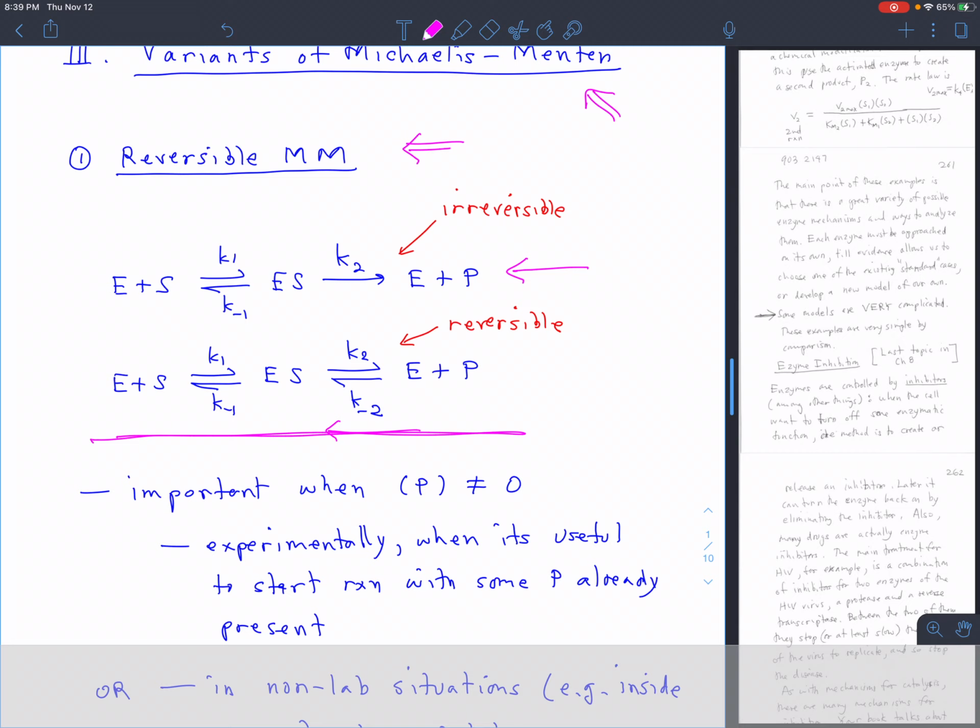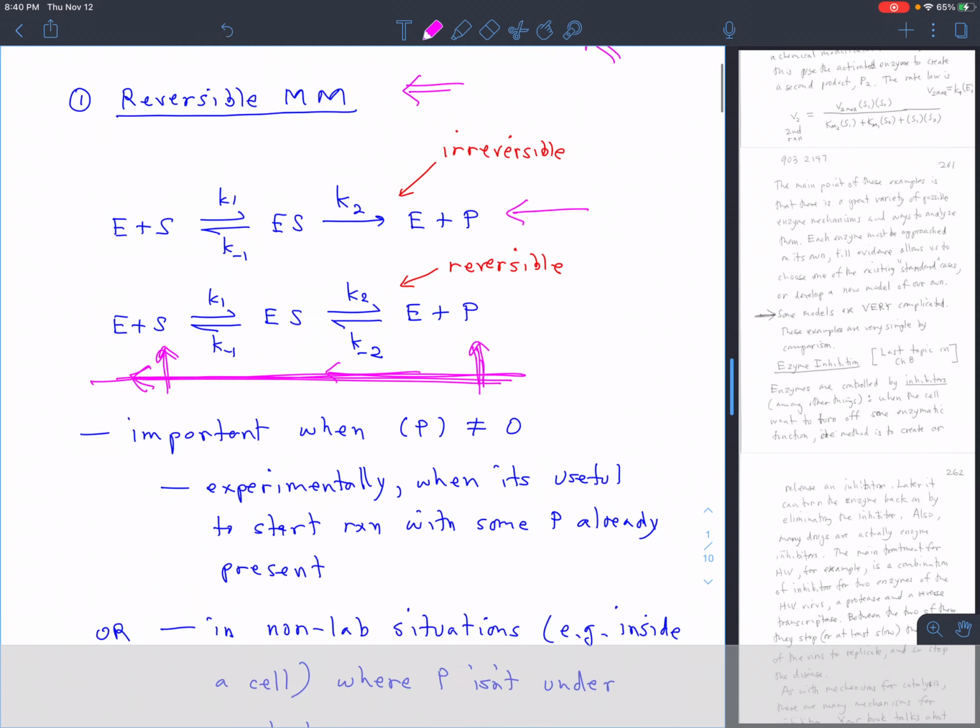So now, if we had some product, and let's say we had zero substrate to start with, the mechanism looks like the Michaelis-Menten mechanism, but going backwards, right? Product would become substrate, and you'd put in product and produce substrate at the end. And so this is a fully reversible version of Michaelis-Menten.